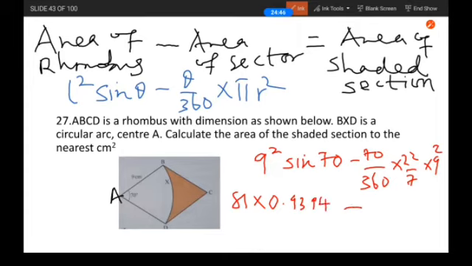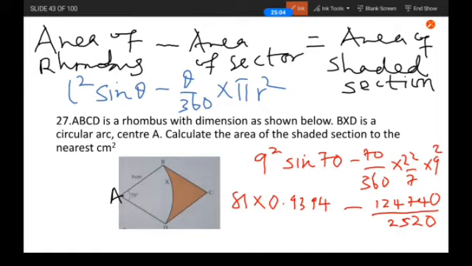Then minus, if you multiply the numerator, you'll be getting 124740 over 2520, right?